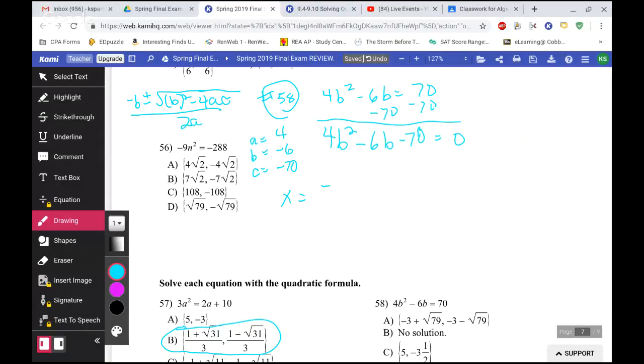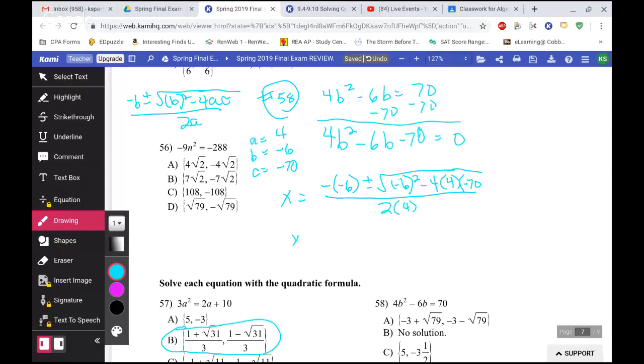So the opposite of B plus or minus the square root of B squared minus 4 times A times C all over 2 times A. So that's what you want to do there. And my suggestion is don't solve anything while you're trying to plug in. Just plug into the formula as it is.